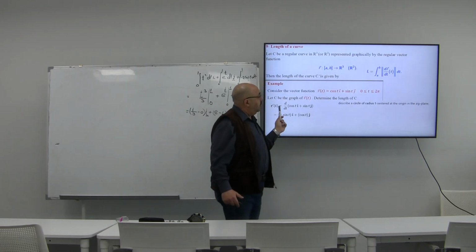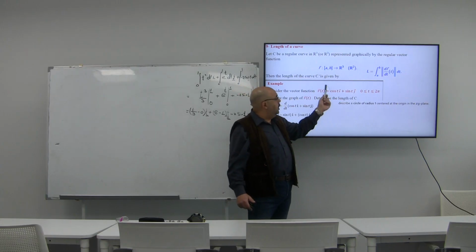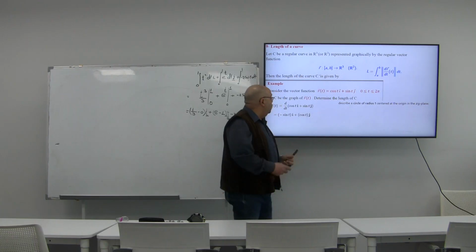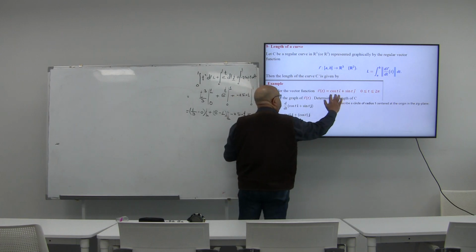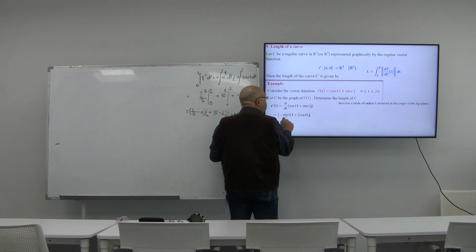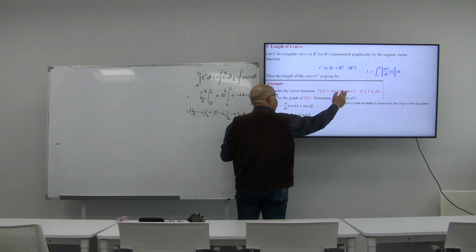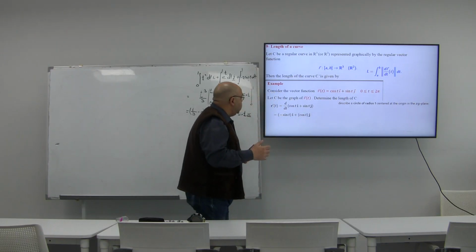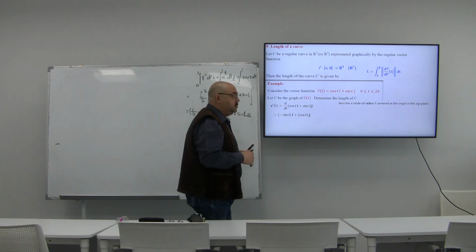So first of all, I will differentiate r in order to get the velocity vector, and then I will get its magnitude. Differentiating cosine t leads to negative sine t. Differentiating sine t gives cosine t. This is r dash.